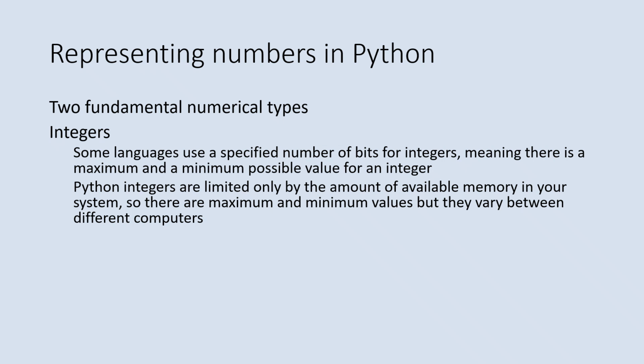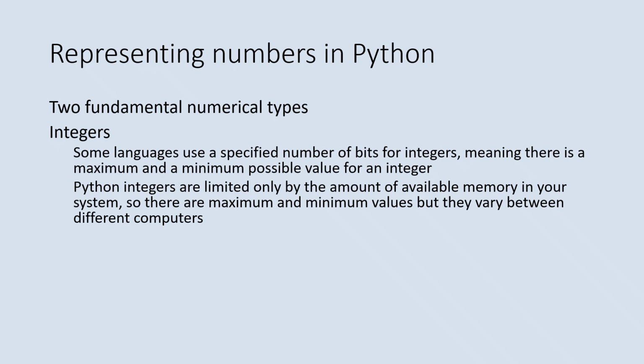So you can have really large numbers, and very negative numbers, limited only by the amount of memory you have available in your computer. So the minimum and maximum in Python depends on which computer you're using and its specifications.